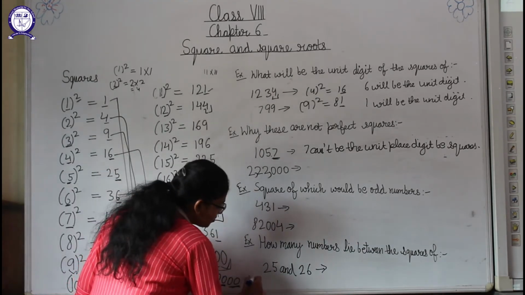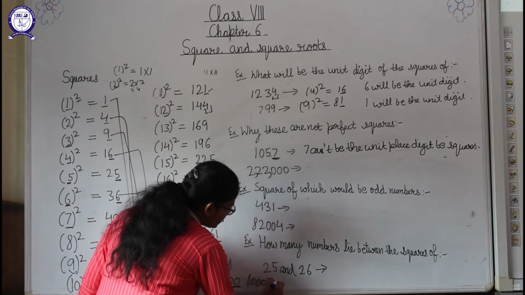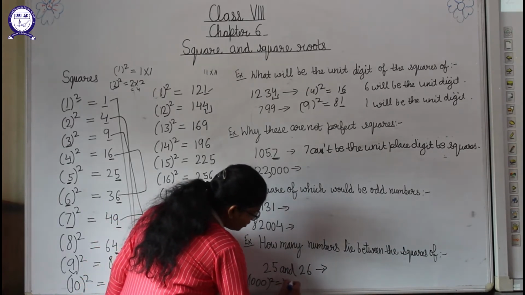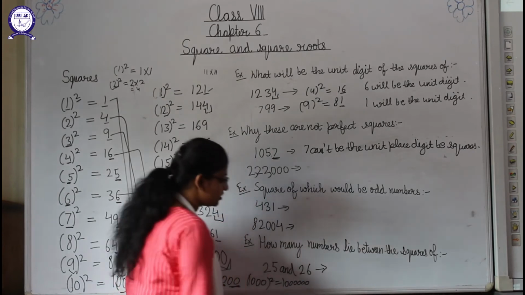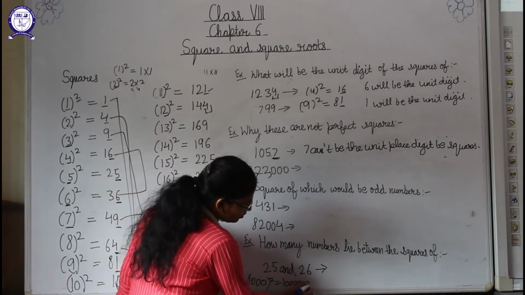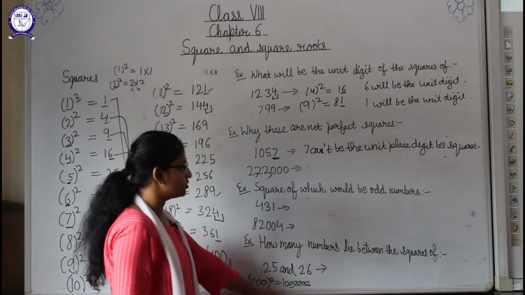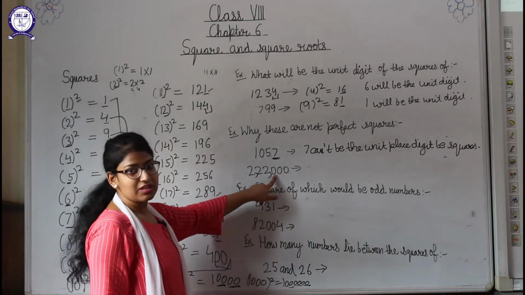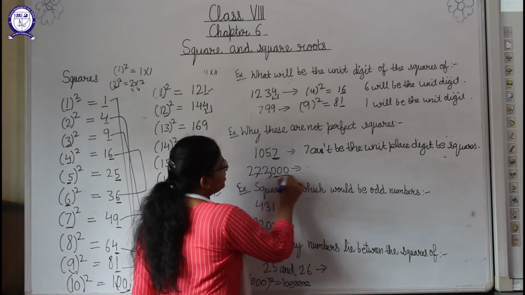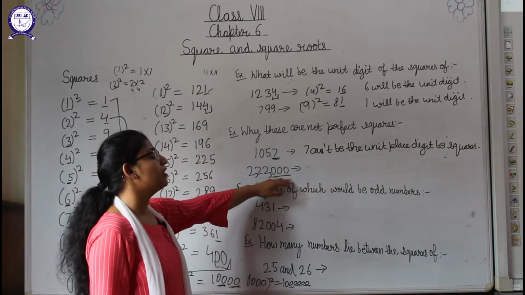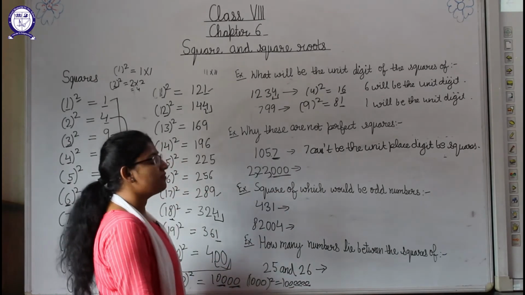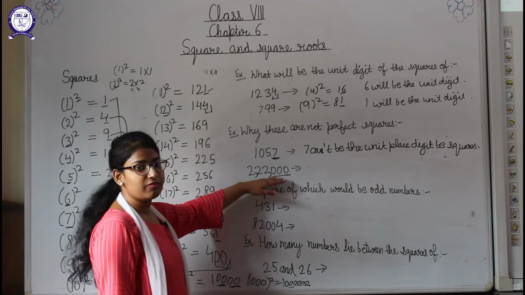Suppose we are doing the square of 1000. So how many zeros will we be getting? We will be getting 1, 2, 3, 4, 5, 6 zeros. It means here also zeros are in an even number, 6 zeros. But here the zeros are 3 only, means these are not in pairs or not in an even number. So this can't be a perfect square. This number will not be a perfect square.